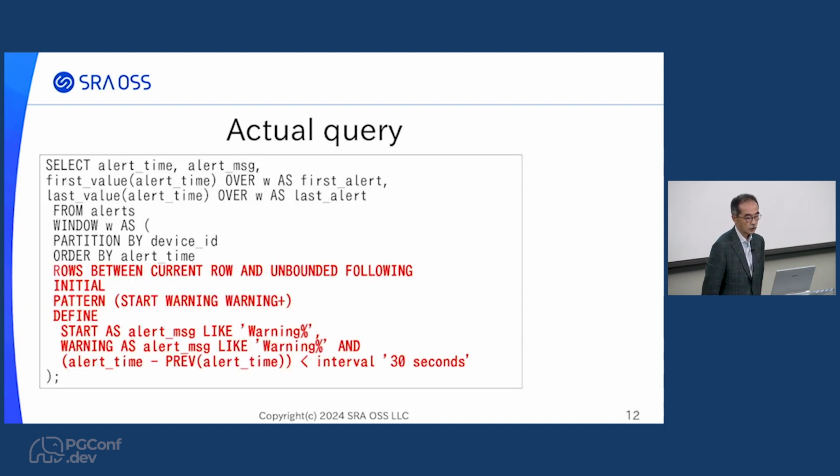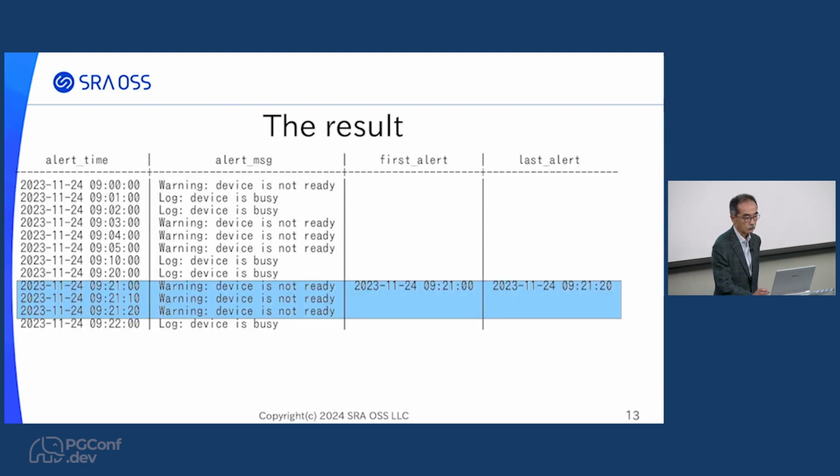This is the actual query, and this is the final result. As you can see, we were able to find matching patterns. In this case, it consists of 3 rows.